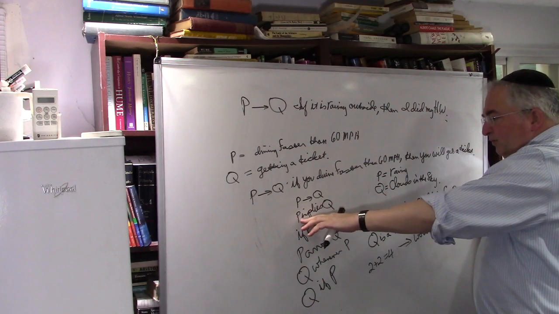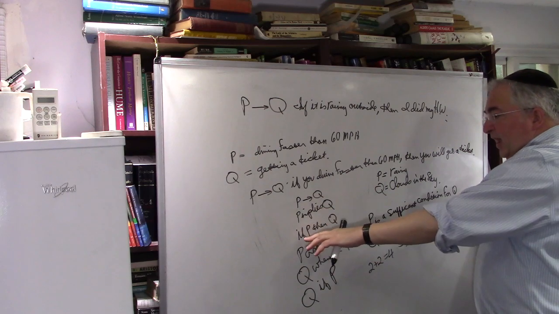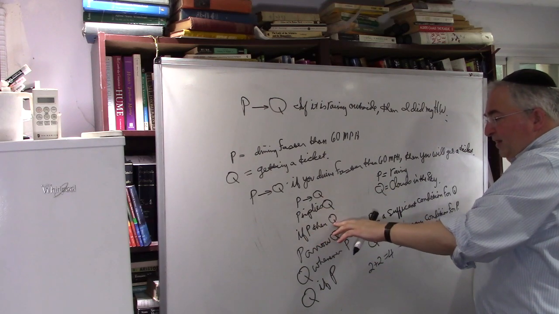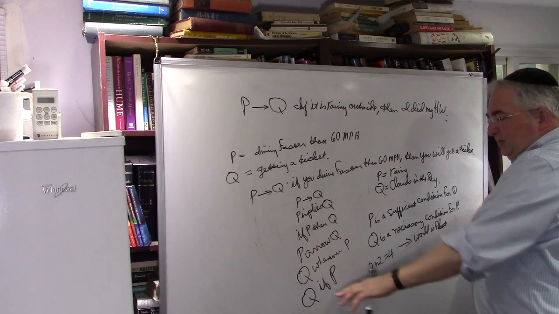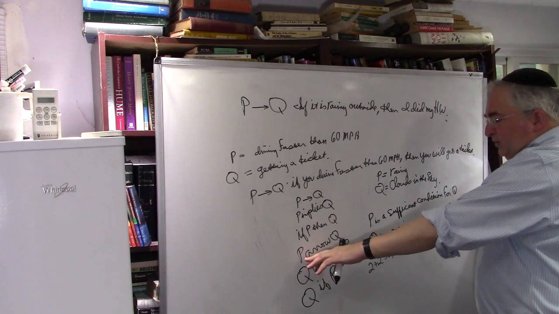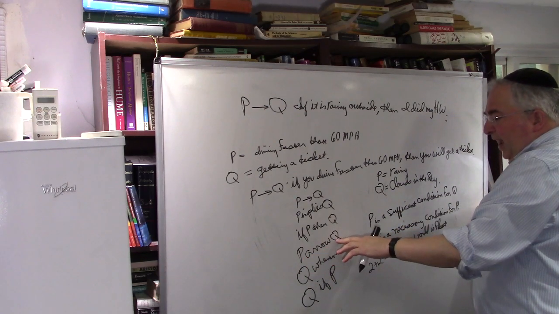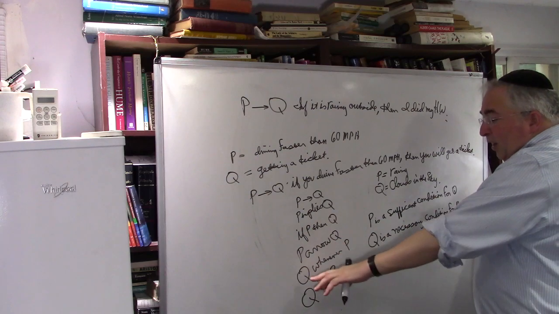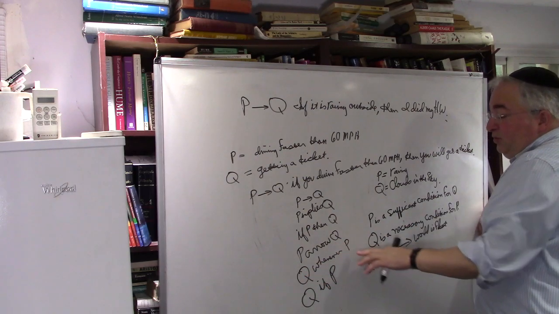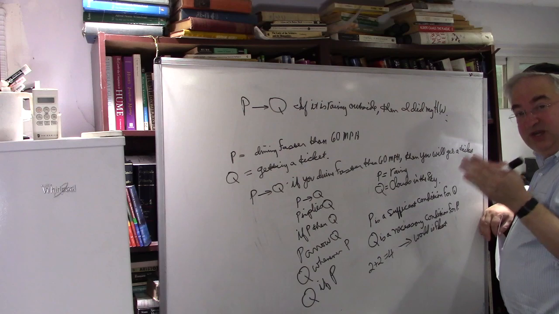2 plus 2 is equal to 4 implies the world is flat. If 2 plus 2 is equal to 4, then the world is flat. The world is flat whenever 2 plus 2 is equal to 4. Again, I'm not interested in if it's true or false.